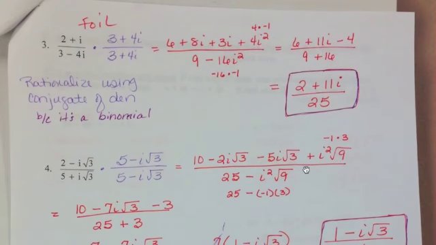Okay. Let's FOIL this last part out. Again, we multiply top and bottom by the conjugate of this. So the conjugate of 3 minus 4i is 3 plus 4i. And I told you the quick little trick when multiplying by conjugates is the square of the first number plus the square of the second. So 9 plus 16 gives me the 25.